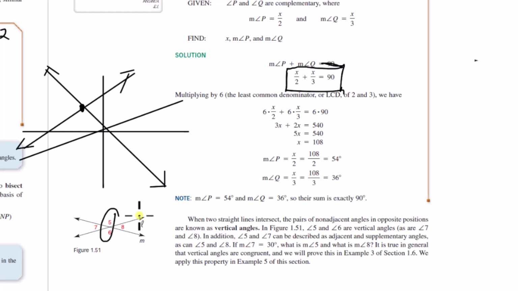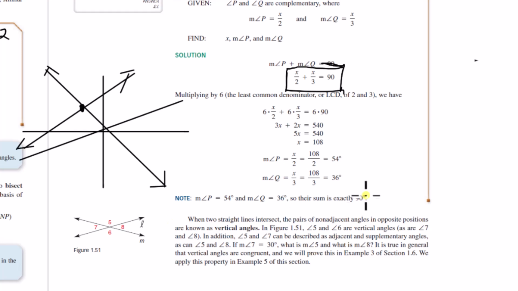And so they get their own term. Those are the vertical angles. They're non-adjacent and on opposite sides of the vertex. Really, I think you could just say non-adjacent. With respect to intersecting lines, the non-adjacent angles are the vertical angles, and that's it.